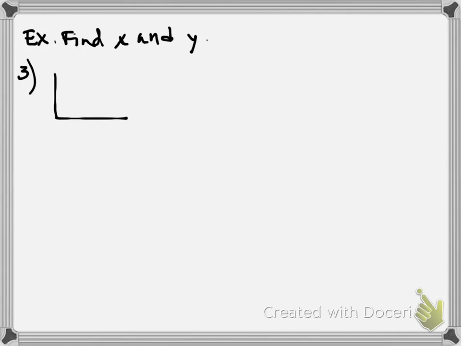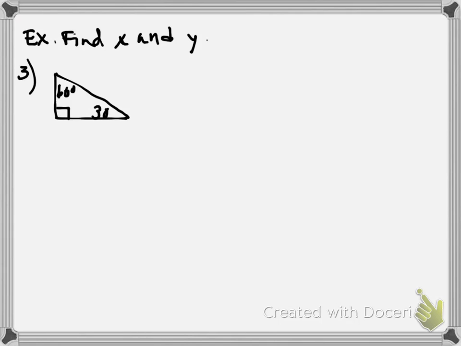So this would be our third example. This time we have more than one thing to find, so our directions are going to tell us to find x and y. Here's your 60 degree.